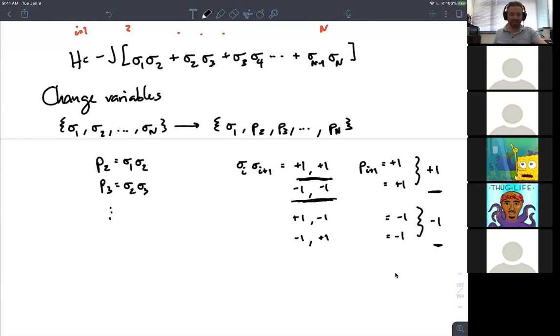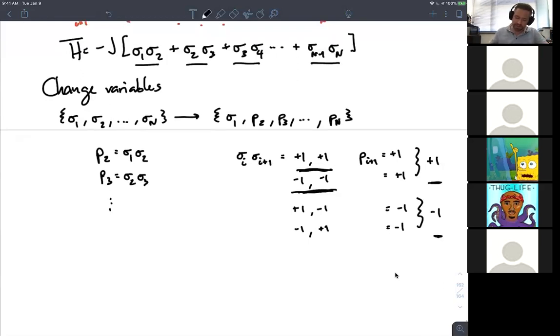Now with that, we were able to express our Hamiltonian in terms of these P variables. It's trivial. You just look at what we wrote out here, and you see this is P2, this is P3, this is P4, this is Pn.